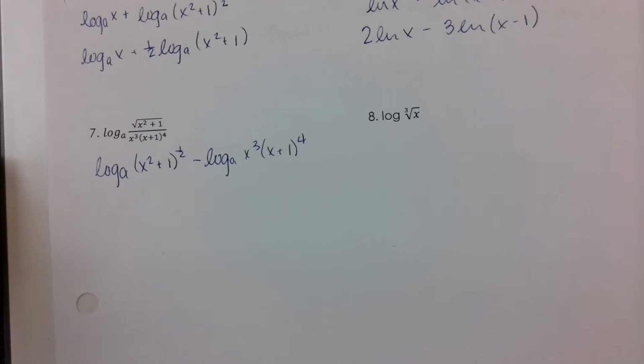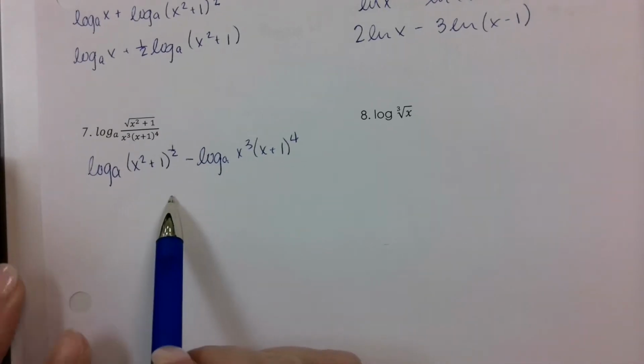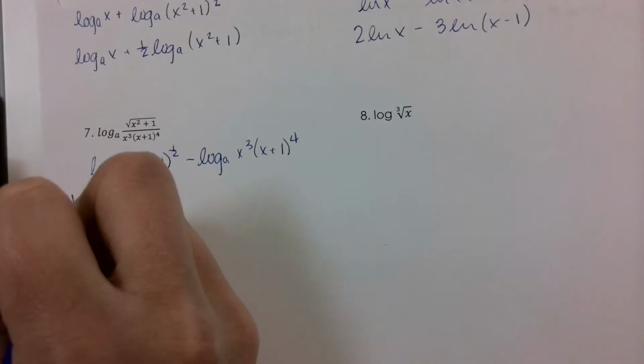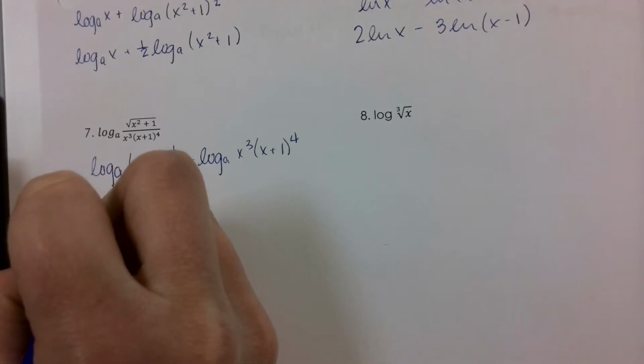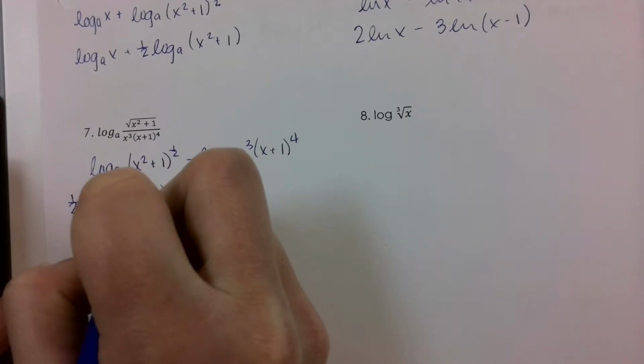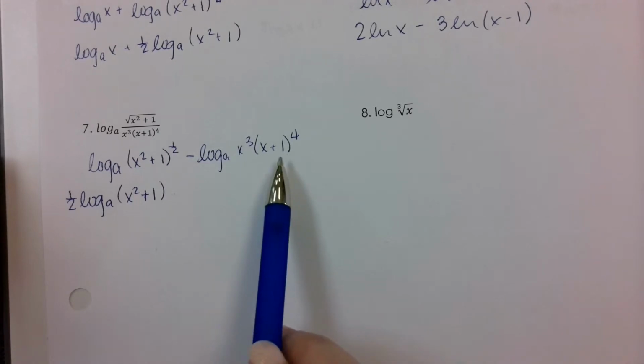Okay, so then from there, what can we do with the first part? Exponent to the front. And then over here, since we're multiplying, can we separate that further?